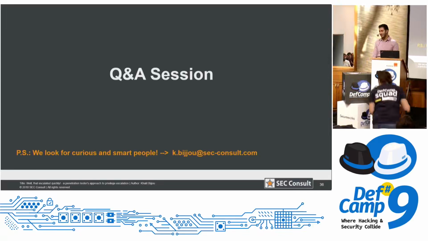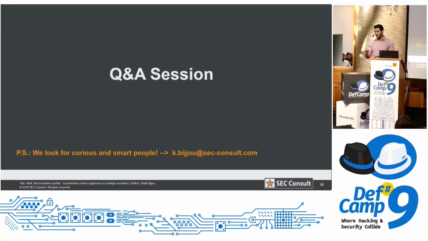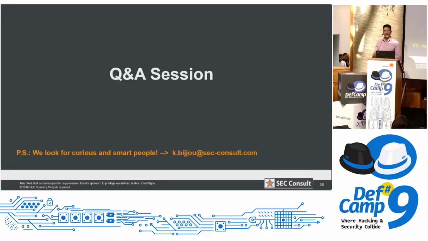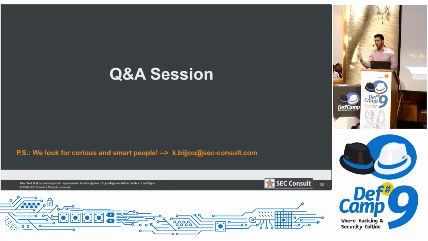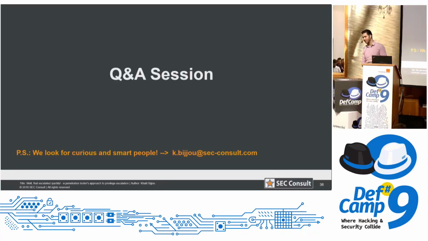How long does it take? It depends. Sometimes it can take minutes, hours, or even weeks. Those of you that did the OSCP certificate or want to do it will get to know what I mean. Sometimes you will find it right away, and sometimes you have to enumerate. You don't find anything, and then you have to take a step back, search through the system again, gather information, and then hopefully, eventually, you will find it.